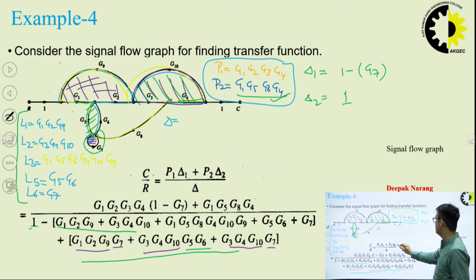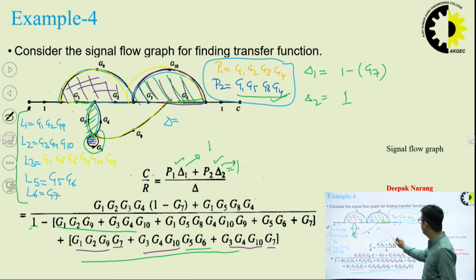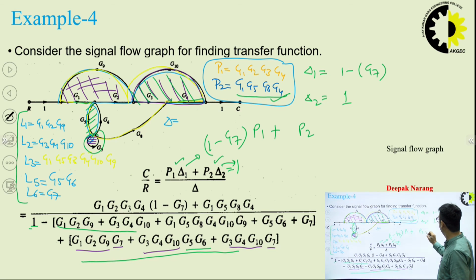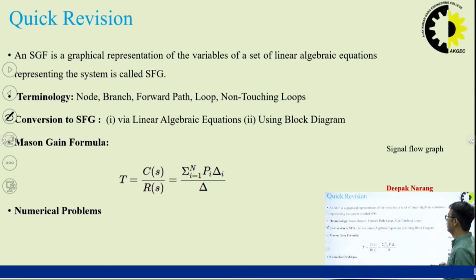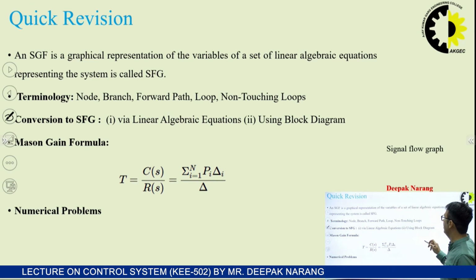So we apply P1 delta 1 plus P2 delta 2, with delta 1 equal to 1 minus G7 and delta 2 equal to 1, divided by delta, which is obtained from the individual loops and non-touching combinations.